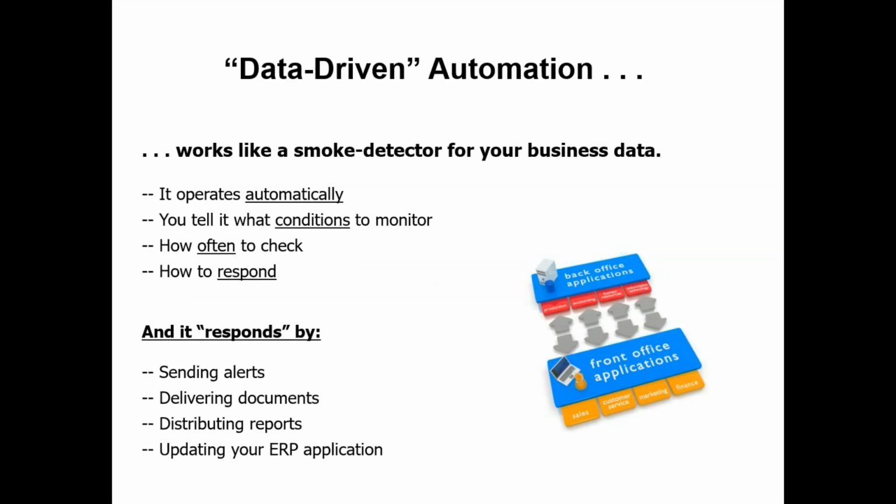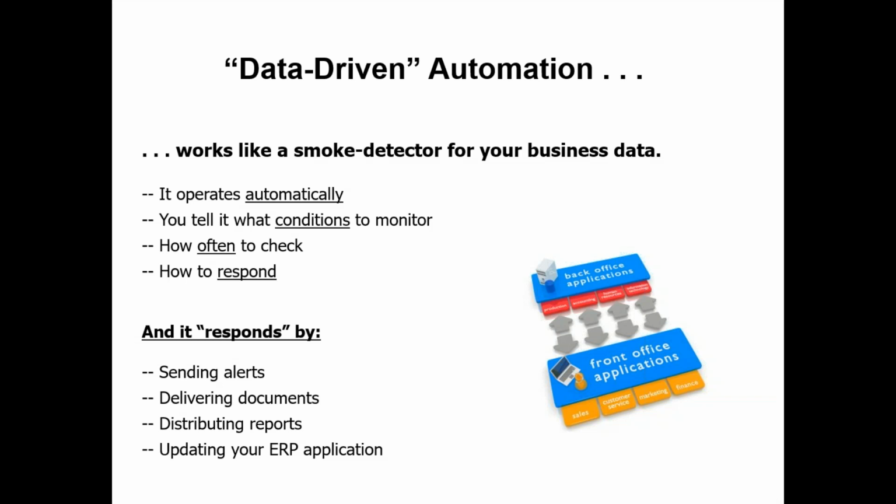So data-driven automation, the analogy that I like to use is that it operates very much like a smoke detector for your business data. We can all really understand why we have smoke detectors in our homes. And so the idea here is to have a technology within our business that operates in a similar automated fashion.